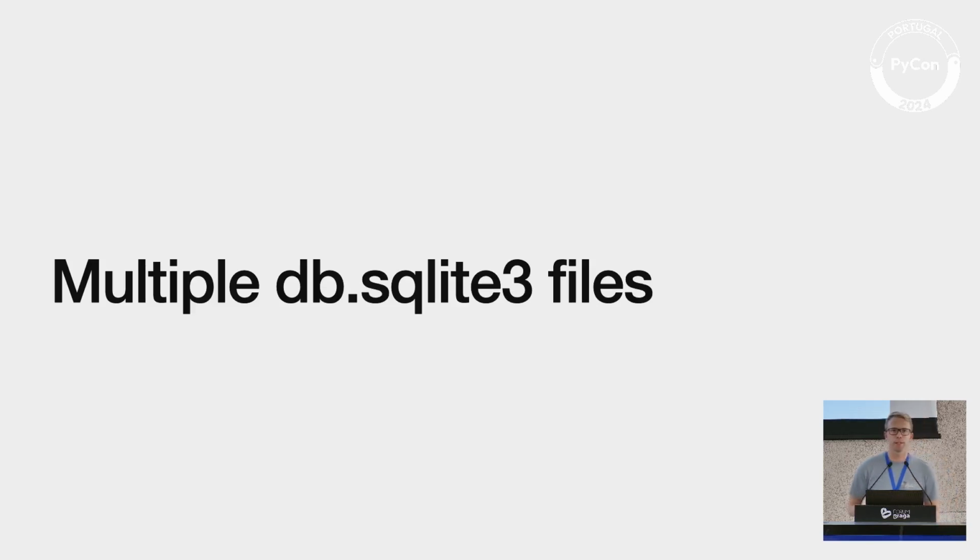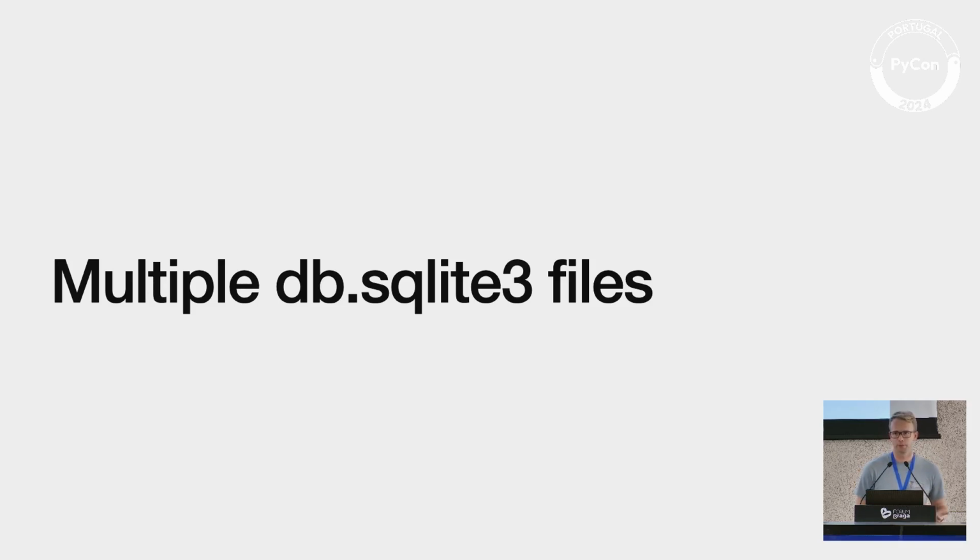Now, one way to avoid this is you can have multiple SQLite files. So you put some tables into different SQLite files, and that way you have multiple locks. And that can help speed things up. But now your application code needs to be aware of this. And at this point, you're probably better off using something like Postgres, where you don't have to worry about this.